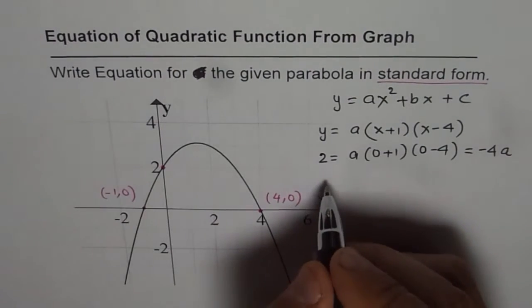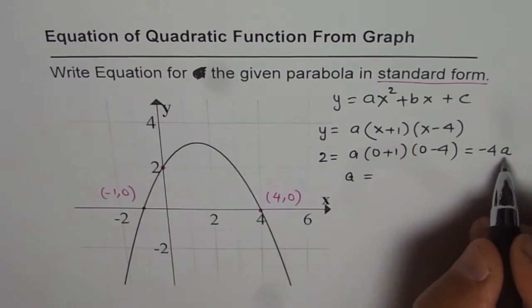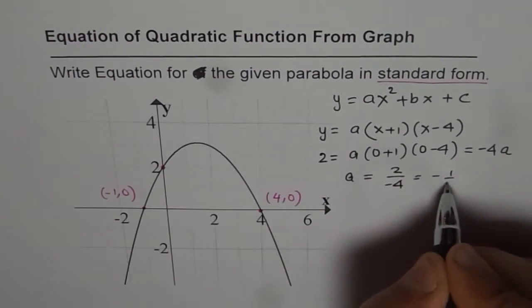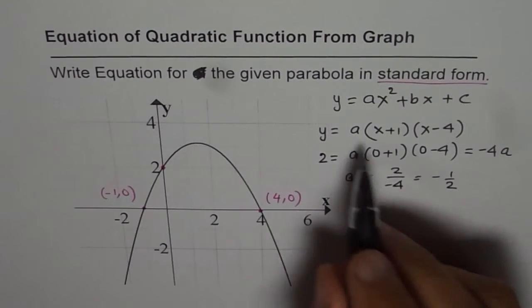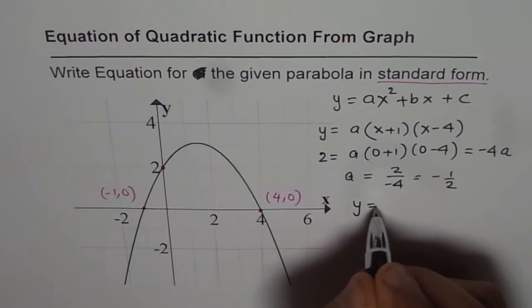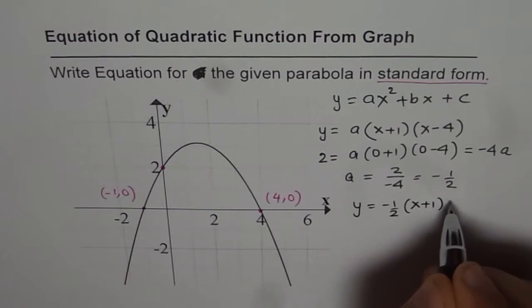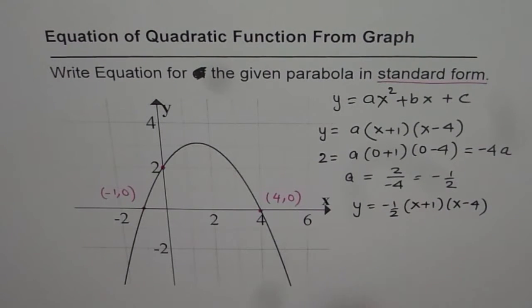From here we get a equal to 2 divided by minus 4, that is minus half. Therefore we get our equation as y equals minus half times x plus 1 times x minus 4.